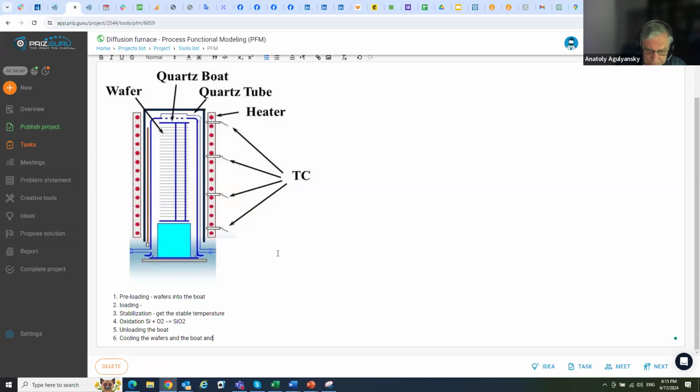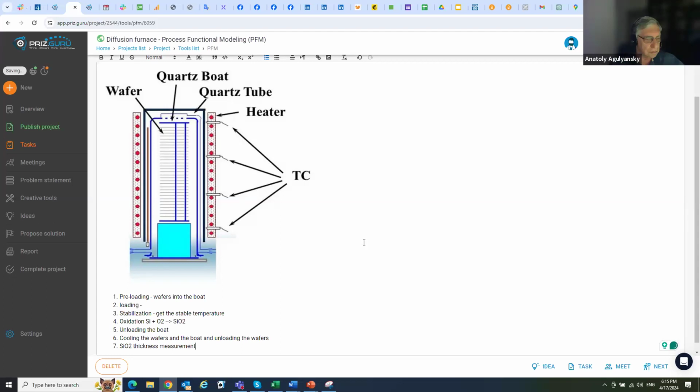And when we have unloaded the wafers, we need to measure thickness. It's a silicon oxide thickness measurement.